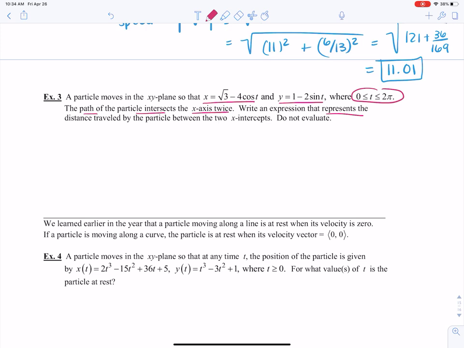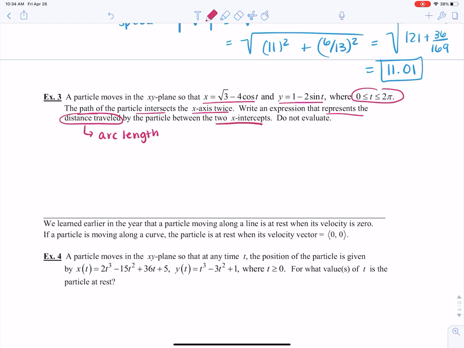Now, you're going to read distance traveled and you're going to start thinking, oh my gosh, total distance, absolute value of the velocity, integral. But distance traveled in parametric is talking about arc length. And it says between the two x-intercepts.